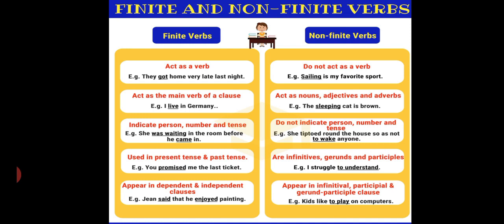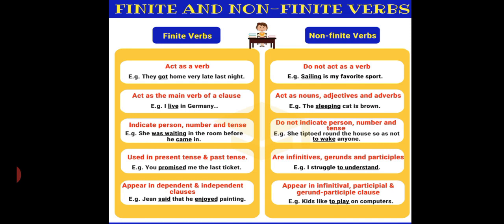They indicate person, number and tense. She was waiting in the room before he came in. They are used in present tense and past tense, like you promised me the last ticket. And they can also appear in dependent and independent clauses, like Jean said that he enjoyed painting.